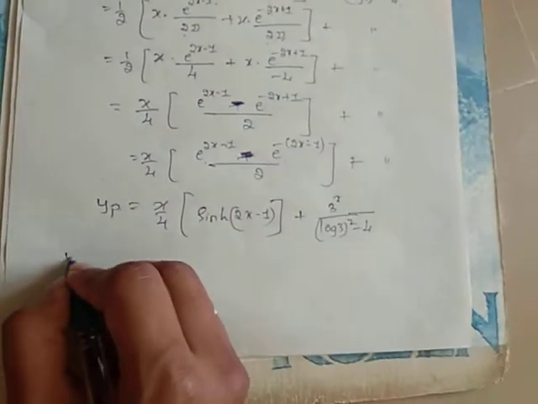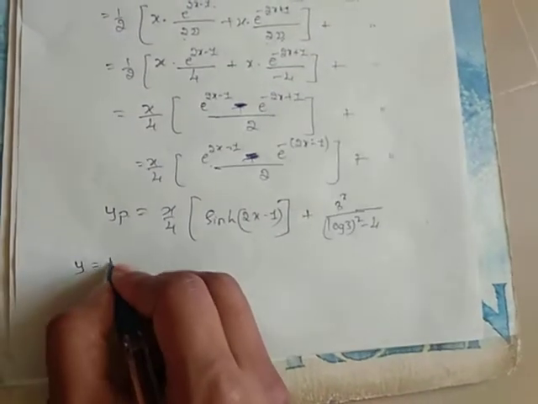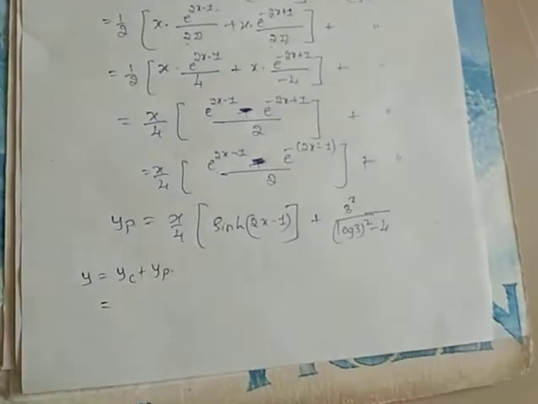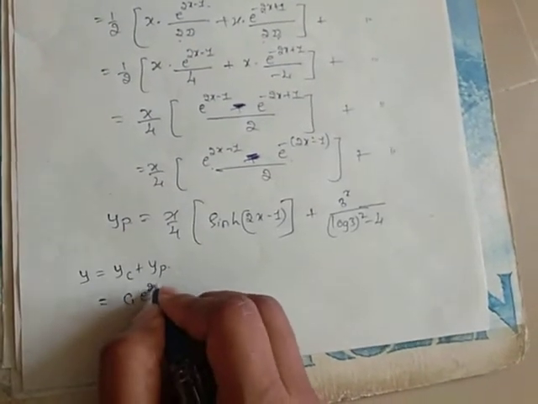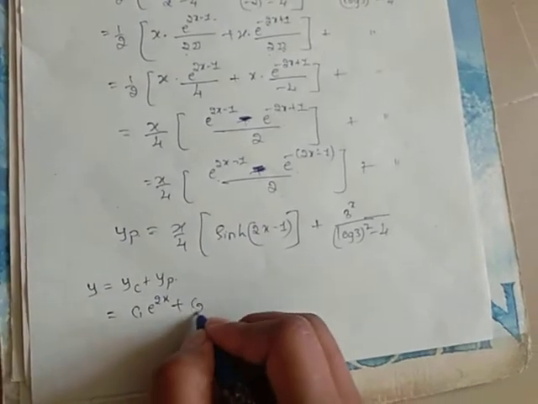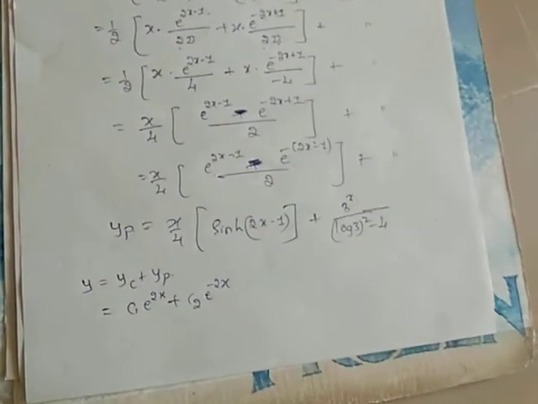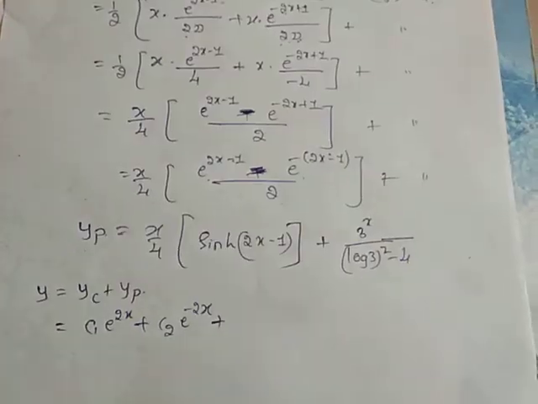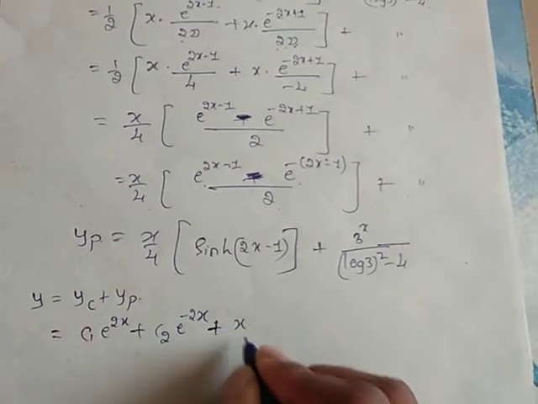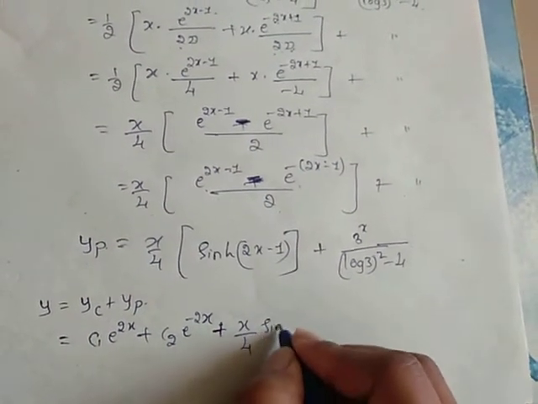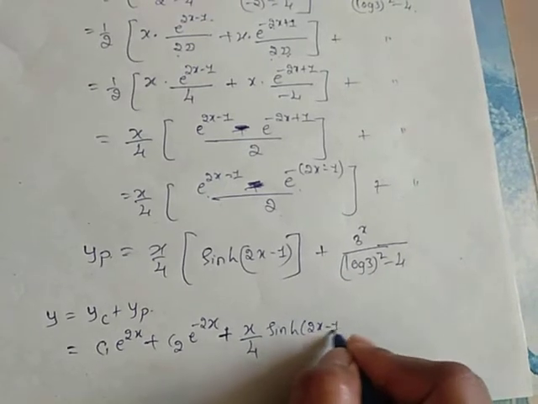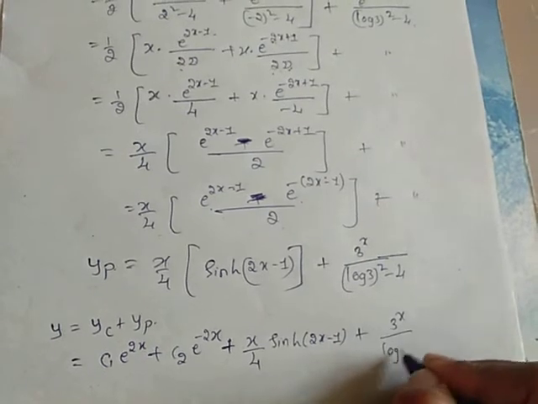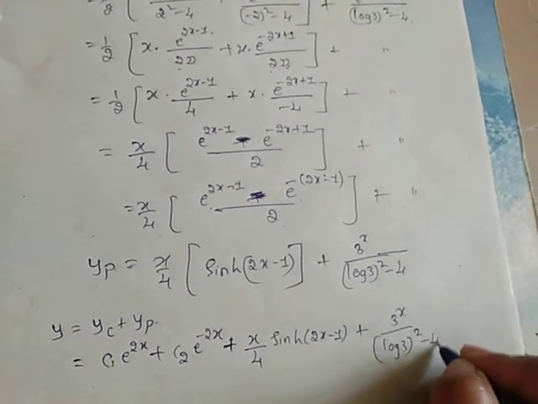Now we have to write down the complete solution. Y equal to yc plus yp. So yc is equal to c1 e raised to 2x plus c2 e raised to minus 2x, plus our particular integral, x by 4 sinh of 2x minus 1 plus 3 raised to x divided by log 3 whole square minus 4.